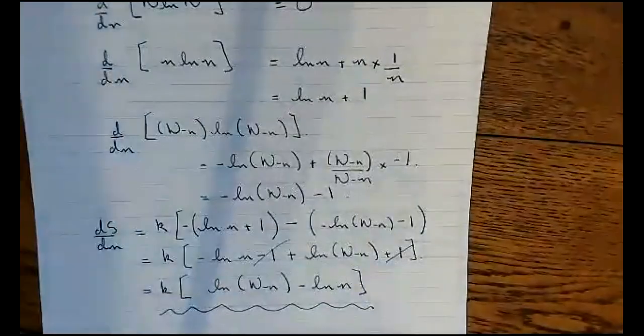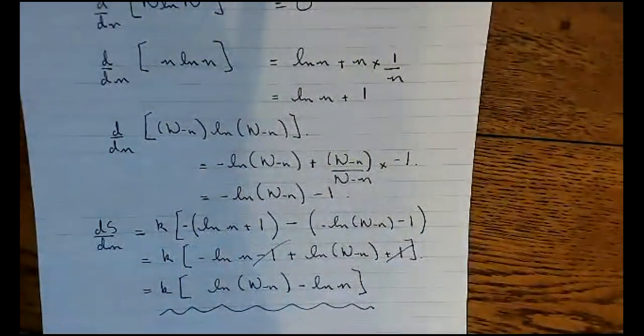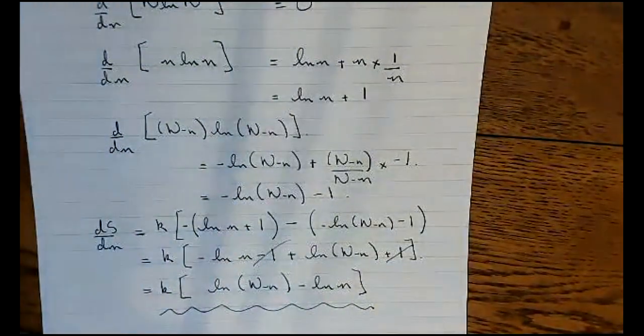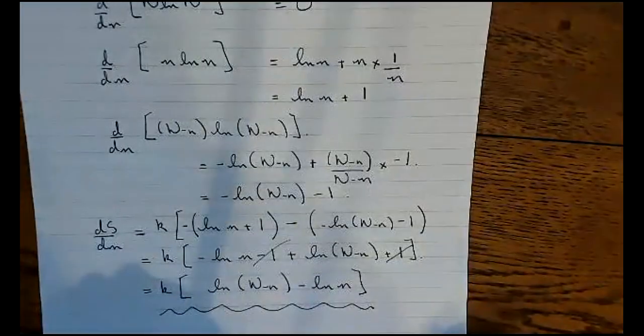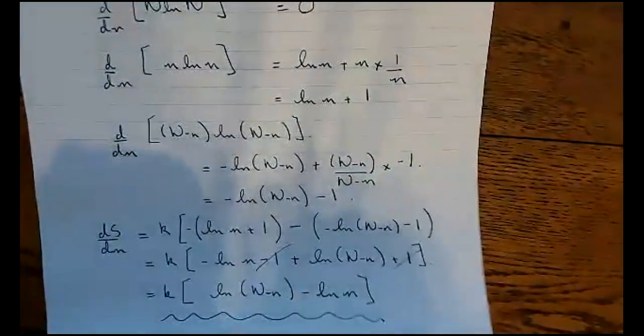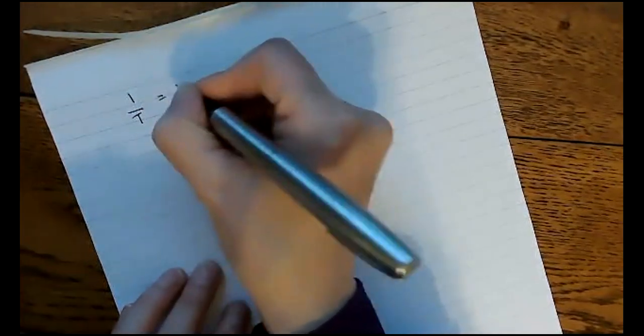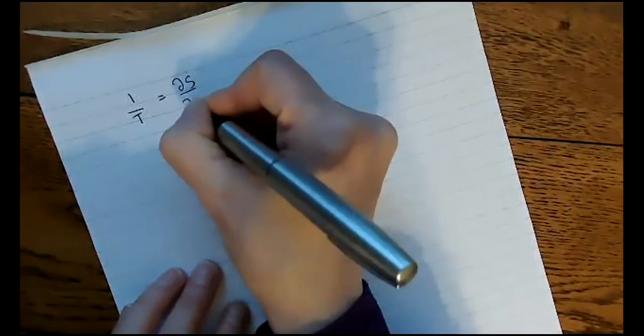And now we can put our two terms back together to find out what our temperature dependence is. So let's just remind ourselves what we did. We had 1 over T is equal to dS by dE.